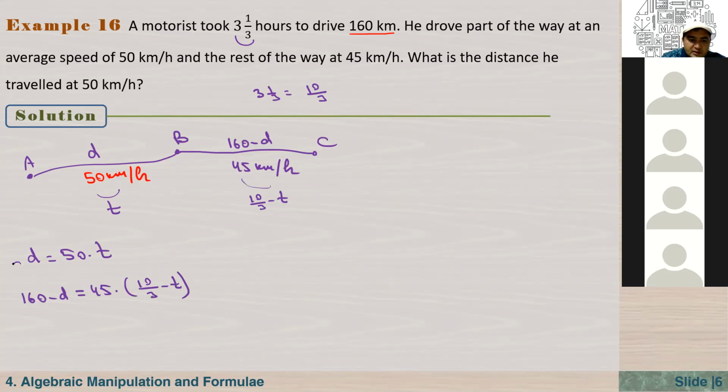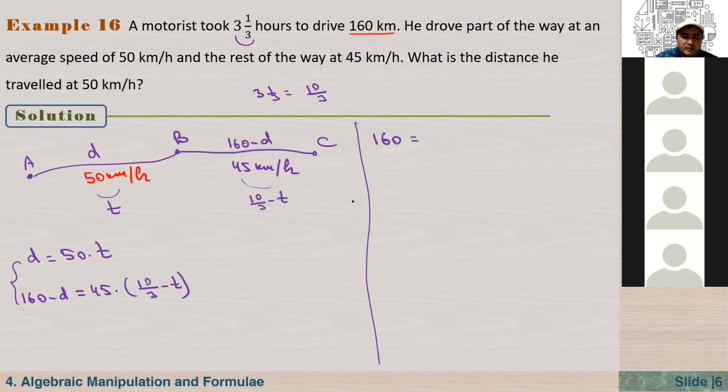Now, if I just add them, as you see here, the distance will be gone. Actually, we need to find distance, right? Okay, I can find t. If I know t, then I can find the distance. Also, directly we can find distance, but let me just do it in that way. Now, if you add side by side, d plus 160 minus d, that's equal to 160.